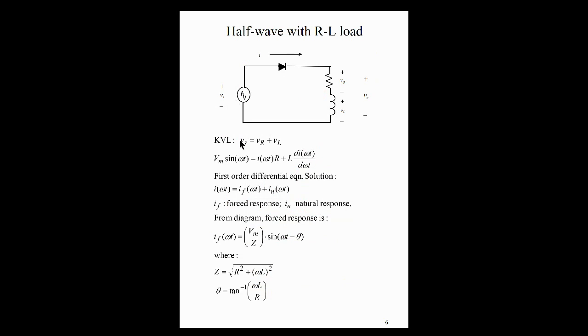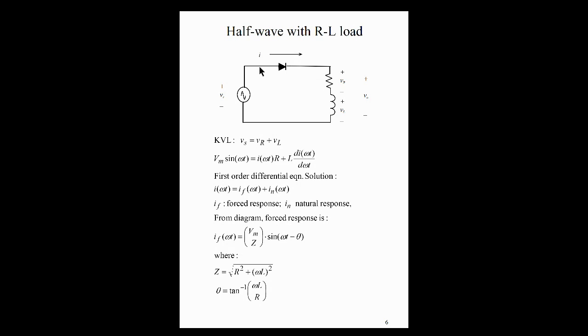So that's how we get this expression. Very simple, right? So your input equals the algebraic sum of the voltage drop across your resistor and your inductor. So what's the voltage drop across your resistor?